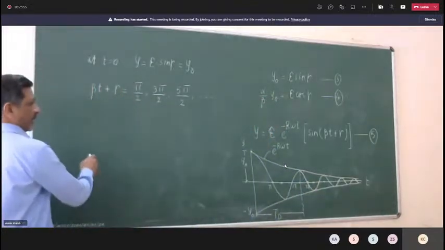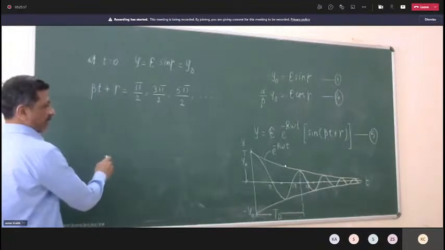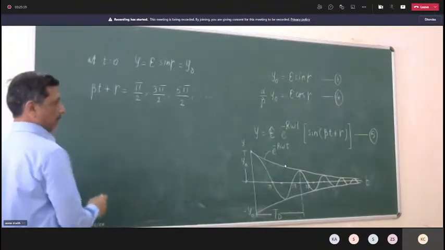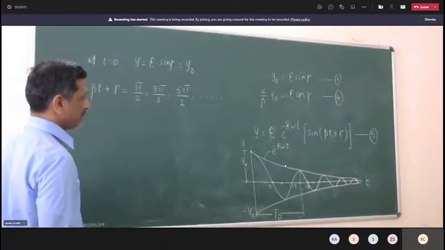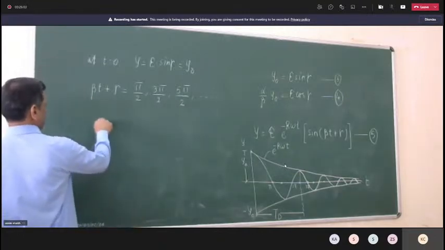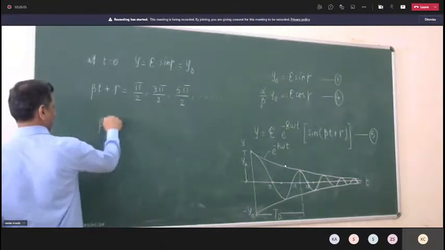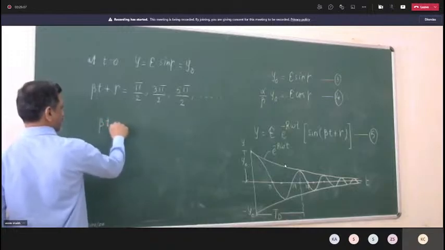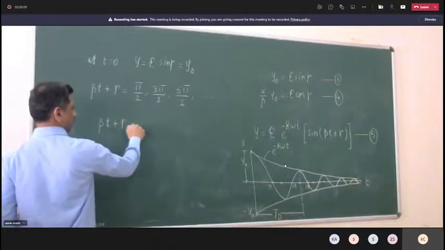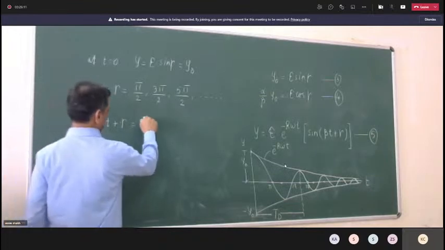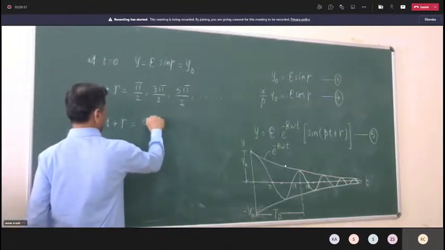So I can say that beta t plus gamma, this angle is 5 pi by 2.